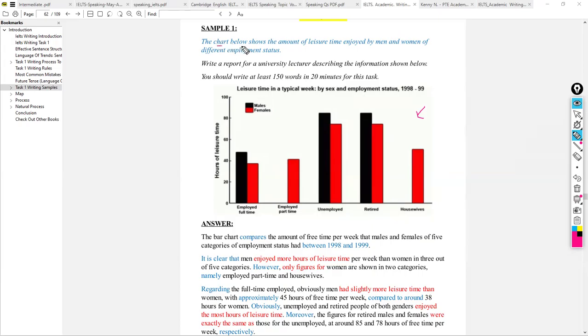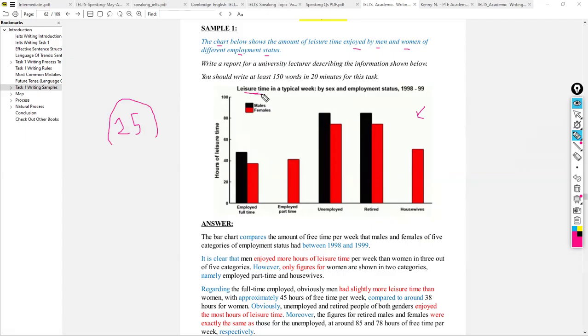Now, this chart below shows the amount of leisure time enjoyed by men and women of different employment status. So this is it, leisure time. Absolutely, in the 25 seconds, I have to take a look at the main information.